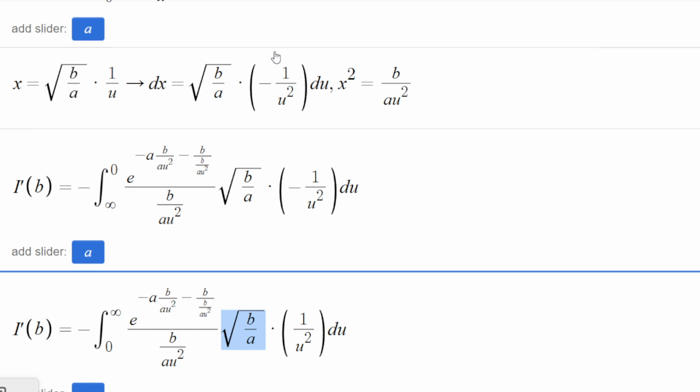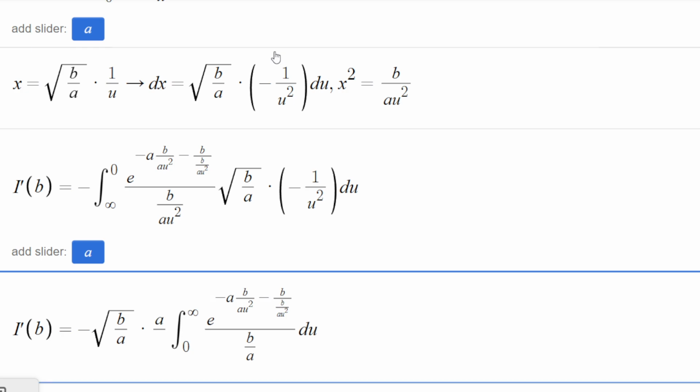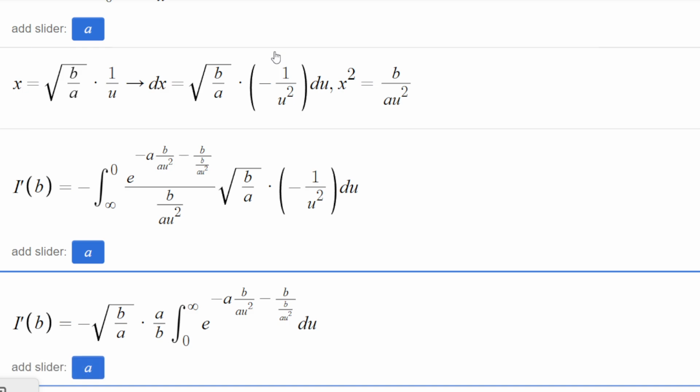See, this is a constant, so it can come outside. This 1 over u squared will cancel this 1 over u squared. This is going to come outside our integral as an a over b. And you can divide the top and the bottom by b here to get 1 and 1, and then just bring this to the top.